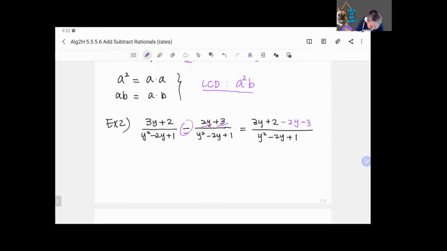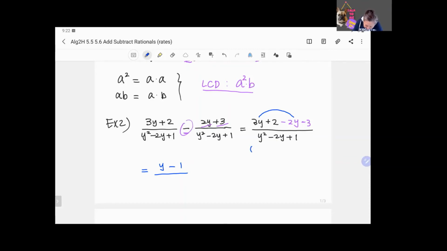Then next step, let's simplify it. The like terms are these: 3y take away 2y will be y, and then 2 minus 3 is negative 1. Now, the denominator is y squared minus 2y plus 1, but we never had a chance to factor it, and it is factorable.